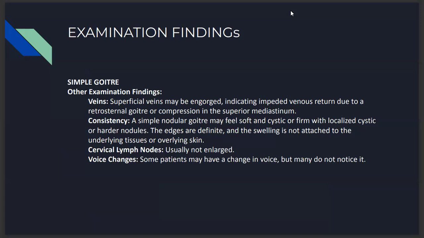The edges are definite and the swelling is not attached to the underlying tissues or overlying skin. Cervical lymph nodes, usually not enlarged. Voice changes: some patients may have a change in voice, but many do not notice it.